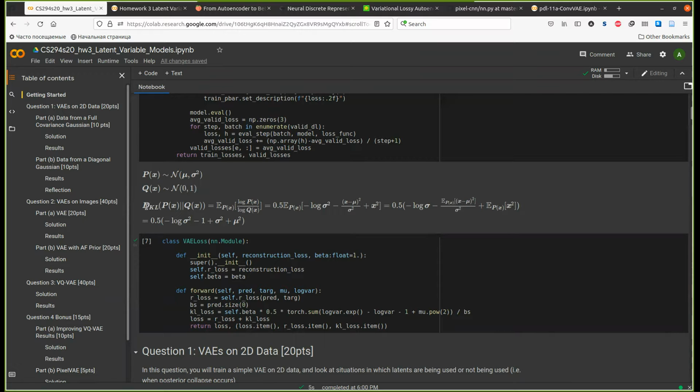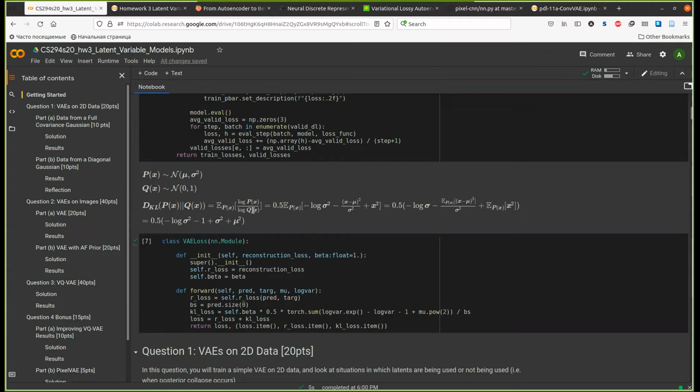The KL divergence between two distributions P and Q is, by definition, an expectation under P of x of the logarithm of the ratio of P of x and Q of x, right? Substituting the normal distribution for P and standard normal for Q, we can unroll this into the following sum.